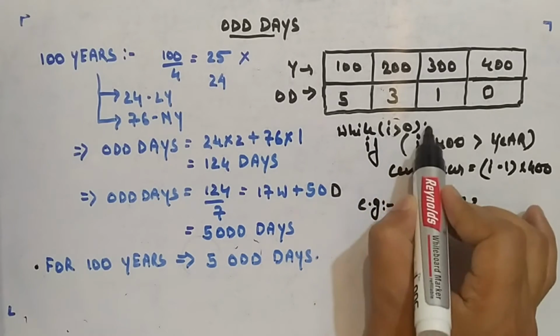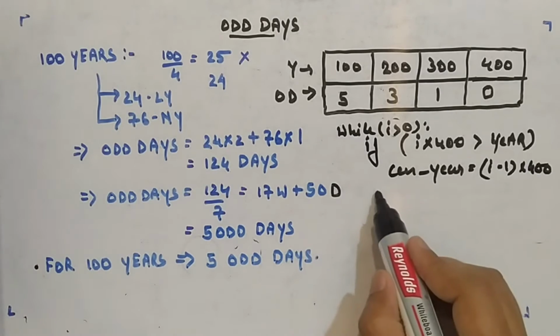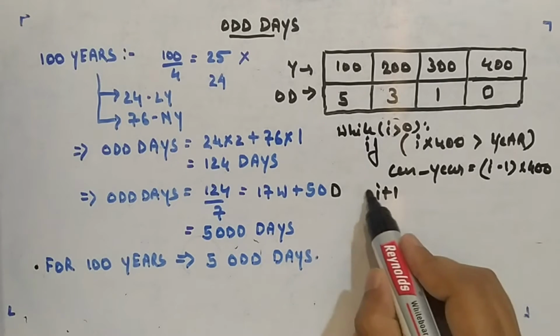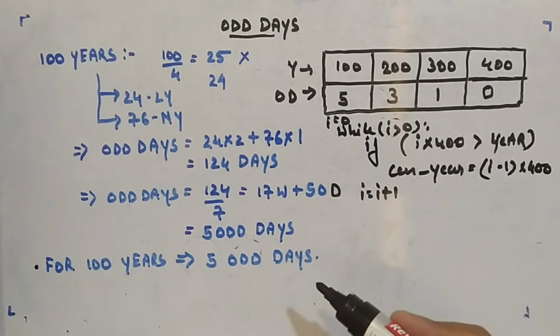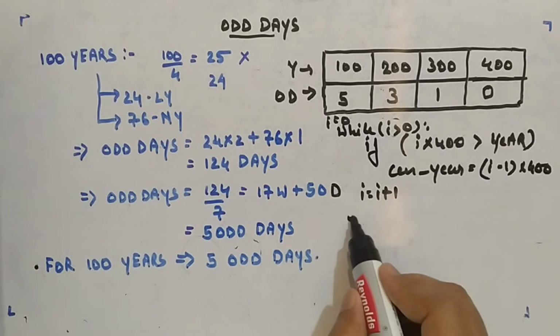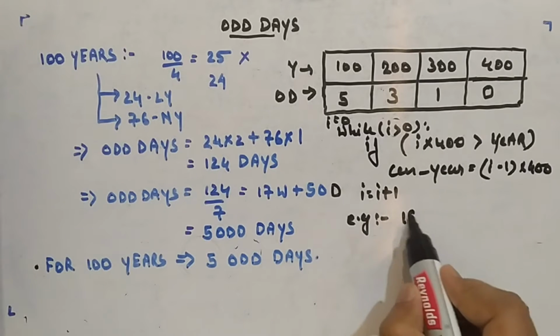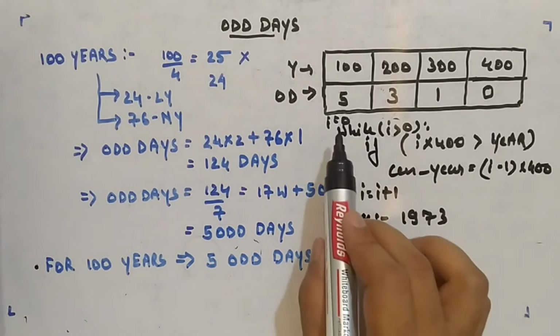While the condition is not met, it will check, and then it will do i plus 1. Okay, that's how it will work, where i is 0, I will initialize. So that is how it will work, just giving you a rough idea. Okay, so for example, if it is 1973, then what will happen, i is equal to 0.